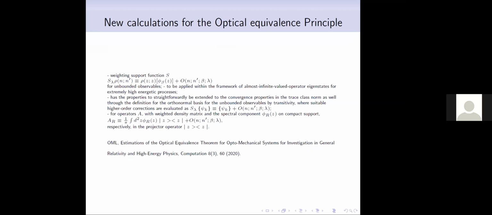It's possible to evaluate an approximation for the weighting support function and an approximation according to the presence of different parameters, and also to define the needed expression for the operators for which the density matrix should be computed.